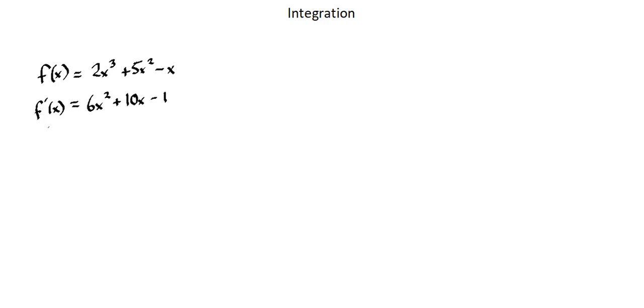F prime of x equals 6x squared plus 10x minus 1. Now what I want to do is change my terminology. Let's consider f prime x to be f of x as the now base function. And we're going to take the antiderivative. For my first term 6x squared, increasing the exponent by 1 to 3, and putting that value of 3 as the denominator of the term.